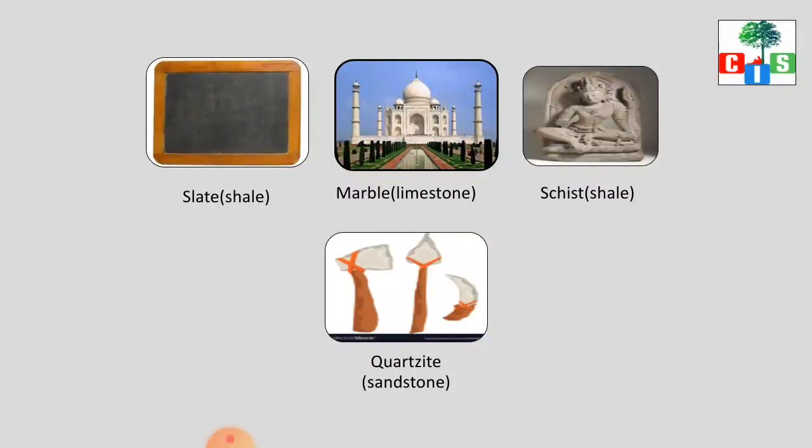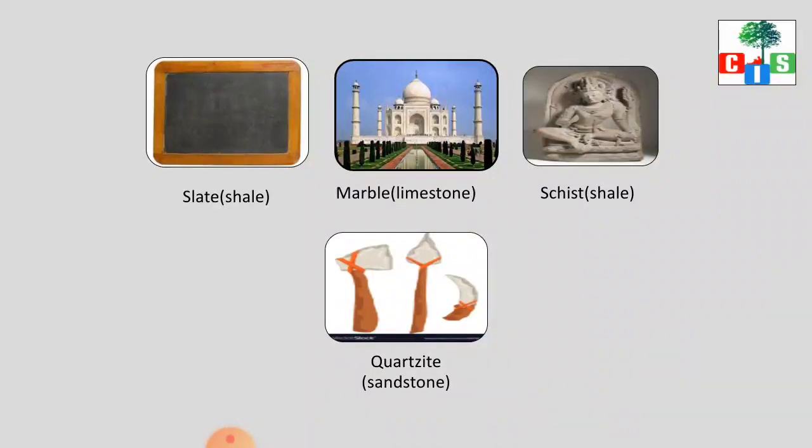The third example of metamorphic rock is schist. And if you see, there is a picture of a sculpture. So the schist is used for garden decoration and in making sculpture, and it is formed by shale, which is a sedimentary rock. A fourth example of metamorphic rock is quartzite, and it is formed from sandstone.